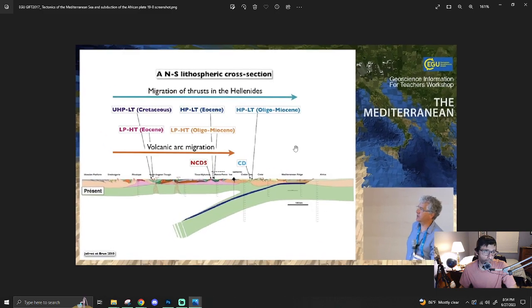North-south lithospheric cross-section. So high pressure, low temperature in the Eocene, high pressure, low temperature Oligocene, Miocene, ultra high pressure, low temperature Cretaceous. And then Eocene, Miocene. I guess they had high temperature, low pressure, high temperature, low pressure. Maybe in regions that were protected from the water relatively. I don't know why.